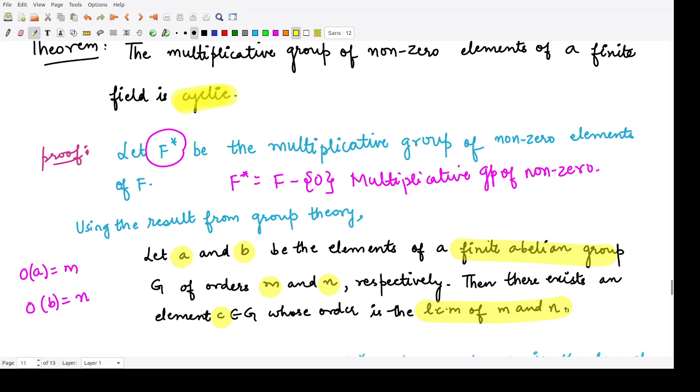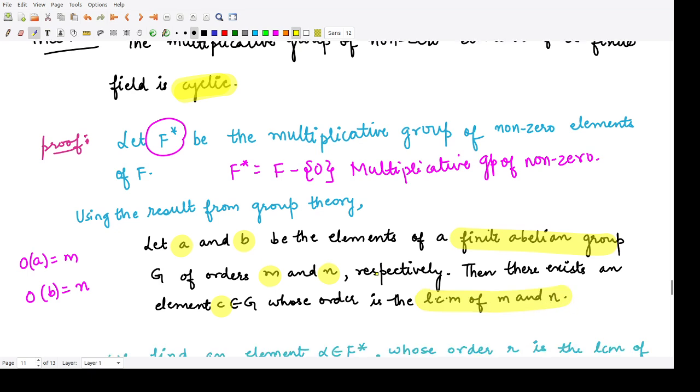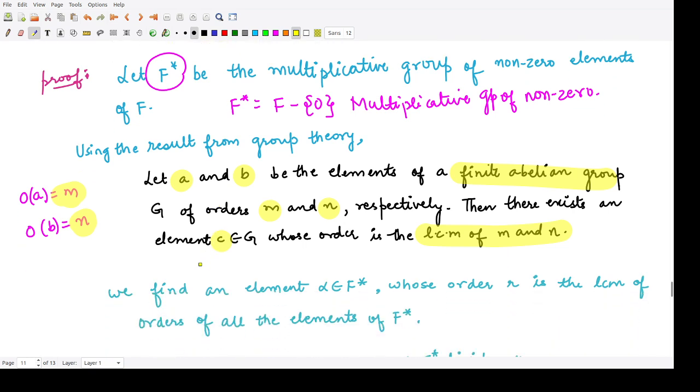So that is what we have to prove. So there would be some element which would be the LCM of this m and this n. So using this result, let us try to prove the theorem.